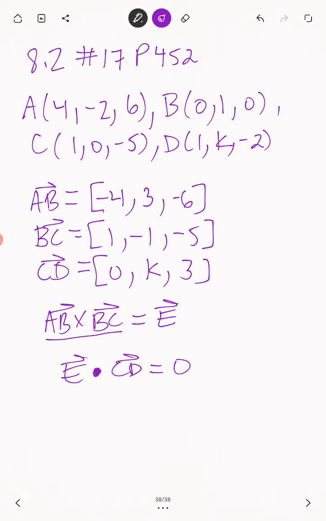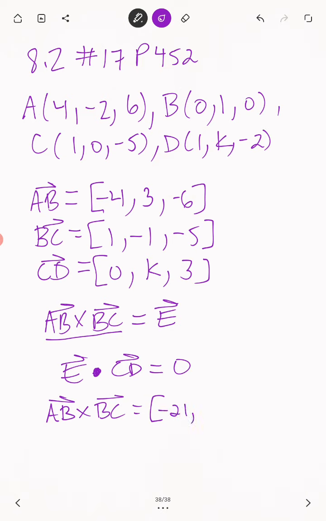Okay, so let's start with AB cross BC. In fact, I use a different method for cross product than the method that's in the textbook that you probably learned. So I'm not going to bother going through my method because I don't want to confuse you. I'm just going to go straight to the answer.